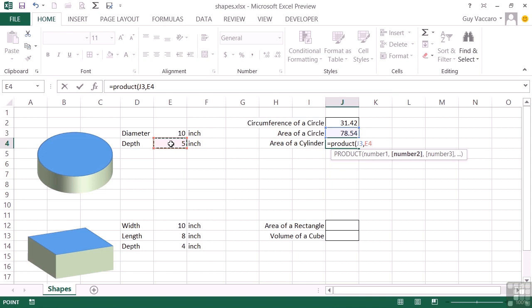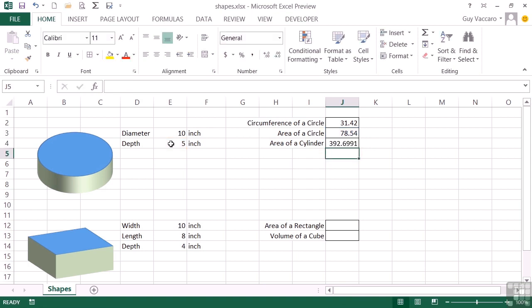So the product function just multiplies all the components that are passed into it. Close brackets, we're only multiplying the 2 values, and we get exactly the same result, because effectively we're doing exactly the same thing. And again, format 2 decimal places.